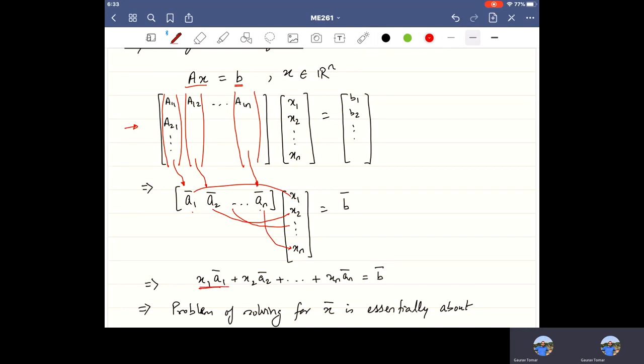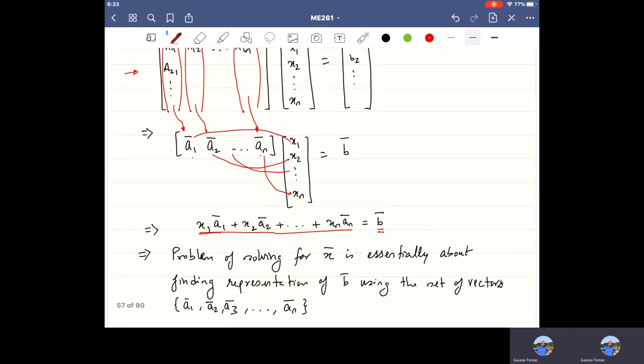So we see that a linear combination of these vectors a1 to an is what is giving you b. So the problem of solving the equation Ax equal to b is essentially trying to find a representation of a given vector b in terms of a certain set of vectors a1 to an.